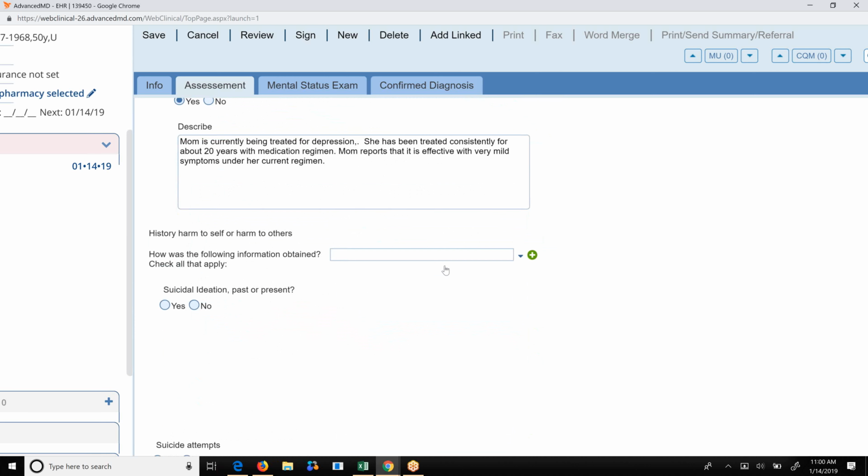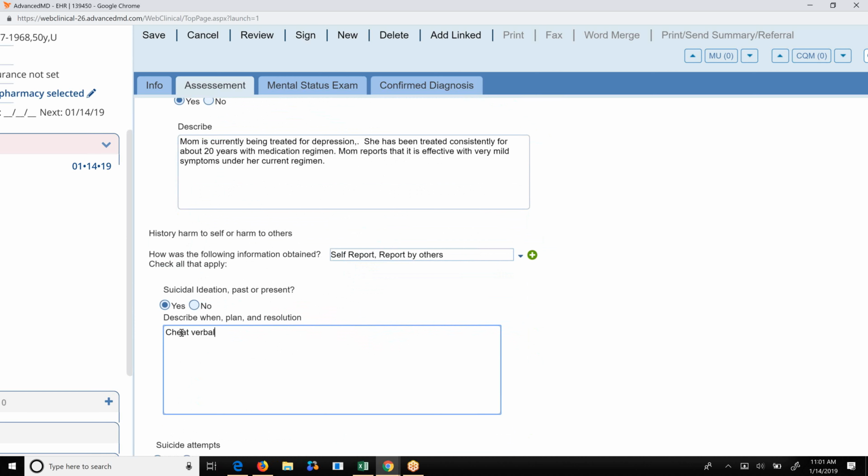Pretty self-explanatory. If it's yes, when was it? What was the method? What occurred as a result of it? Are there current ideations taking place? If there's current ideations taking place, or if the client reports suicidal ideations, it's always significant to make sure you identify when the most recent event was.